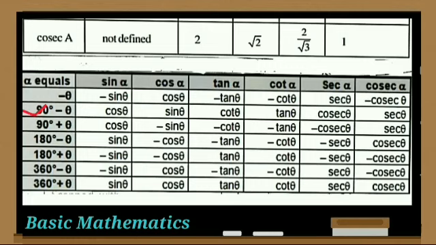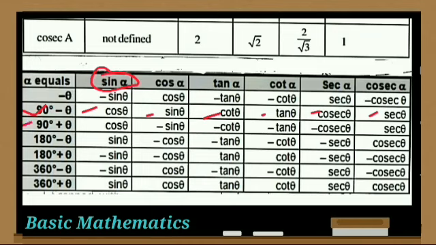And 90 minus theta represents that the function is in the first quadrant. When the function is in the first quadrant, no function will be negative, all functions are positive. As we can see here, all functions are positive.